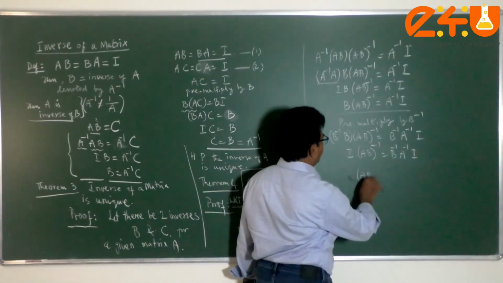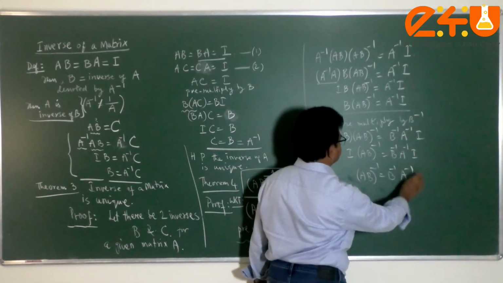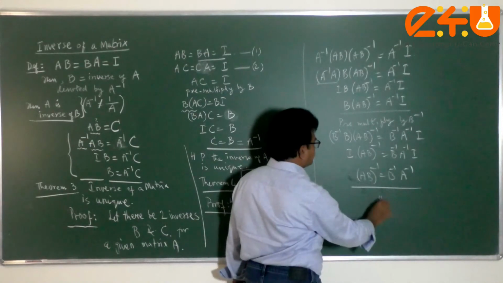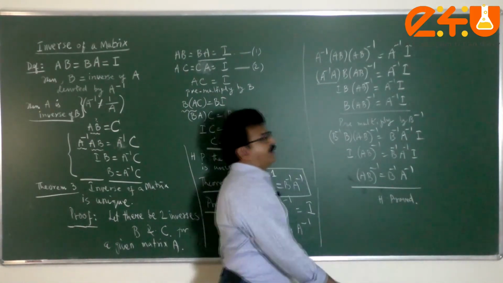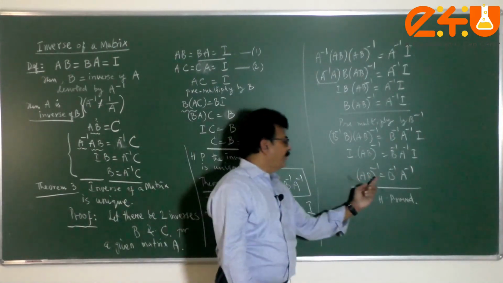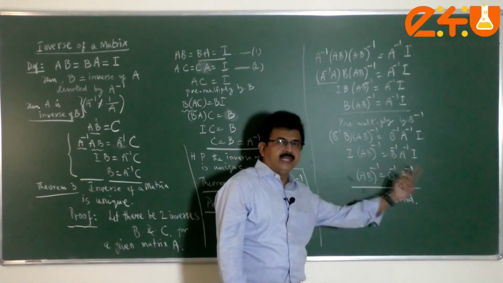So (AB) whole inverse is the same as B inverse A inverse only. So this is proved. So (AB) whole inverse is B inverse times A inverse.